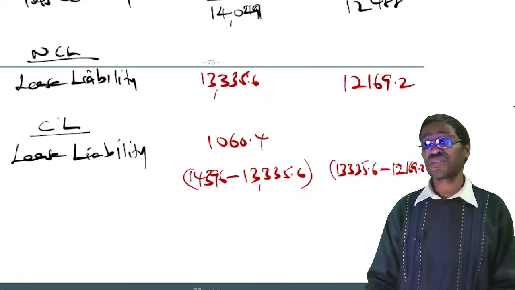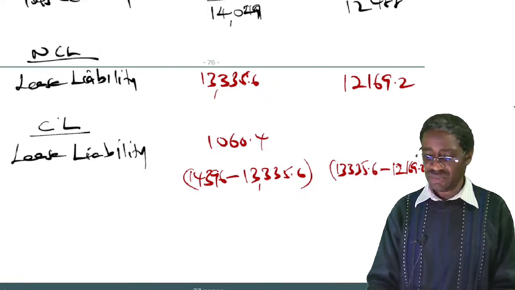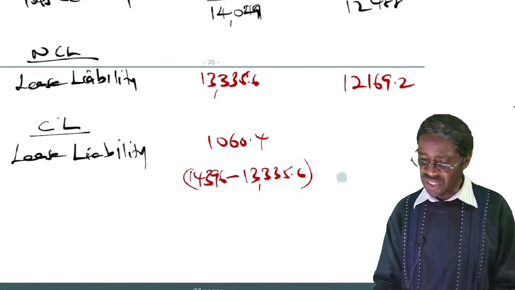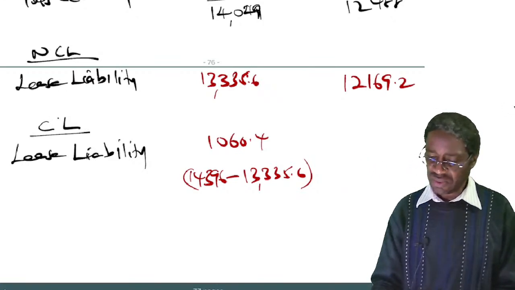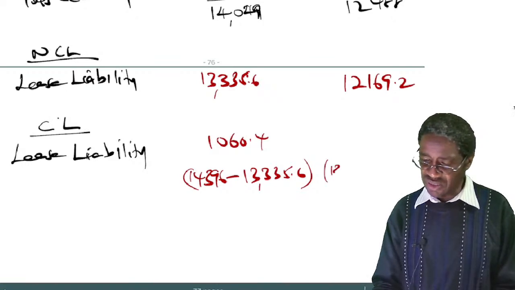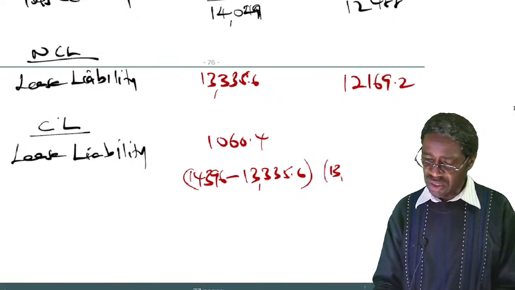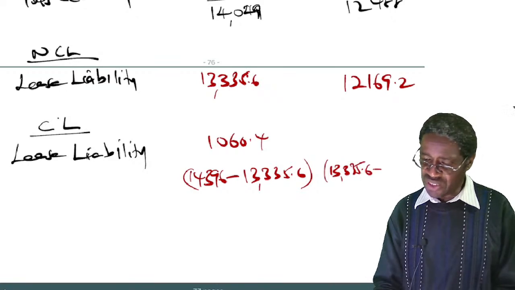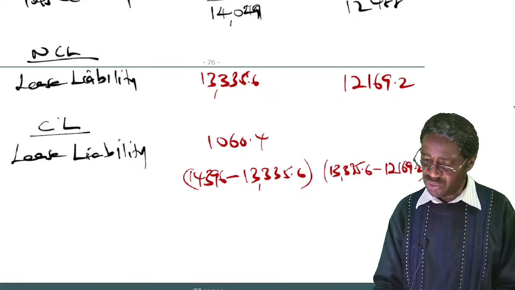What do I get? To get the current, I'm taking 13,335.6, I minus the 12,169.2.